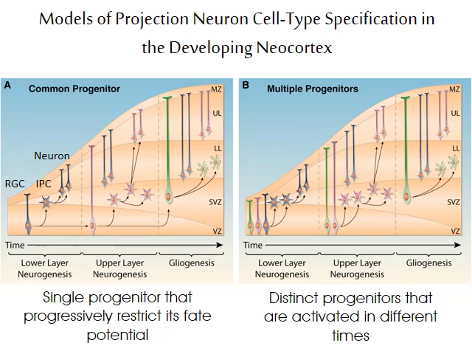Recently, however, a new model has been proposed in which different neuronal types are generated from distinct progenitors that segregate before the onset of neurogenesis and are then activated sequentially. So the hypothesis is that there are multiple progenitors, one for the glial cells, one for the upper layers, one for the deeper layers.